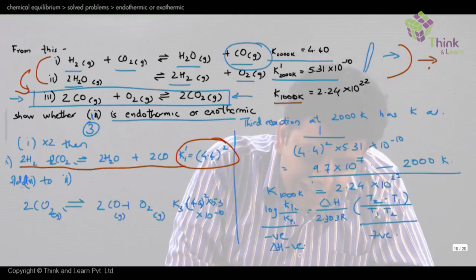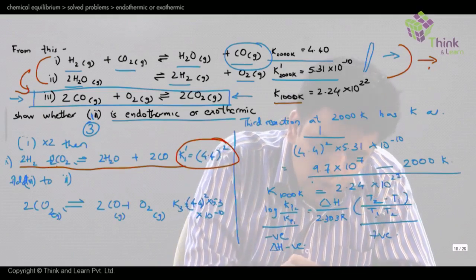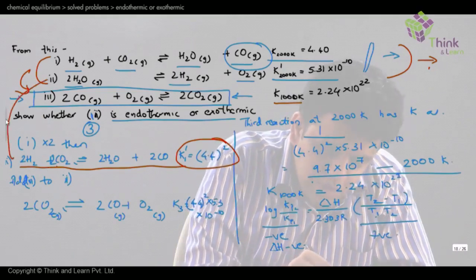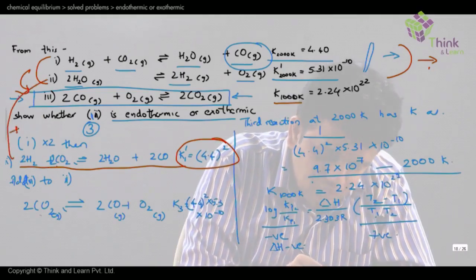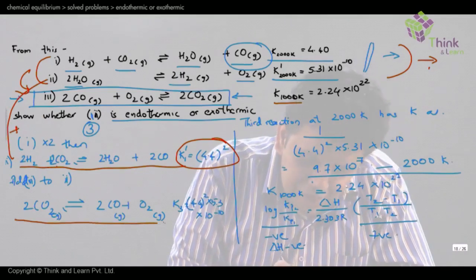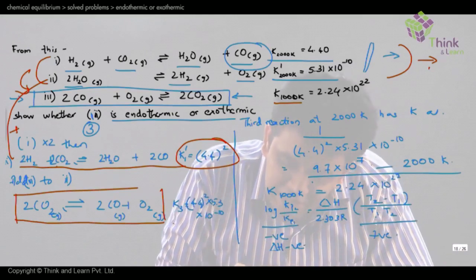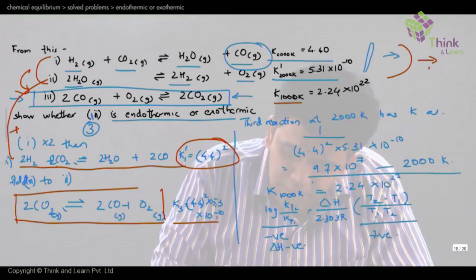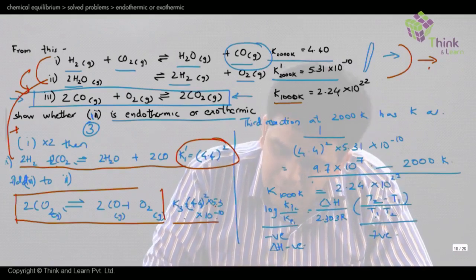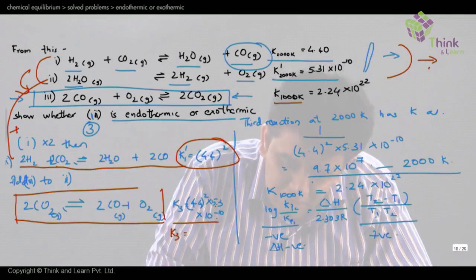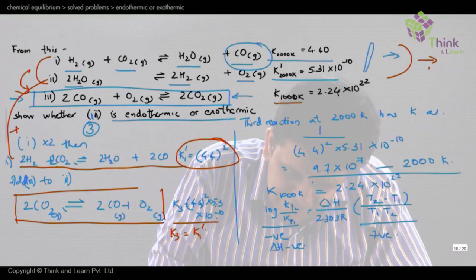Next, when I added this equation to the second, I get this equation effectively, and the effective K3 is 4.4 into 5.3 into 10 raised to 10. K3 is basically K1 dash into K2.